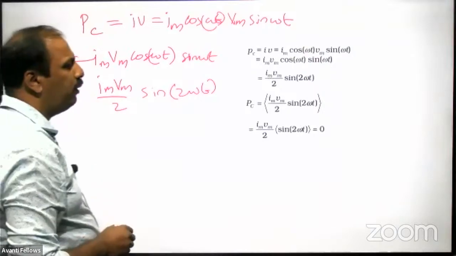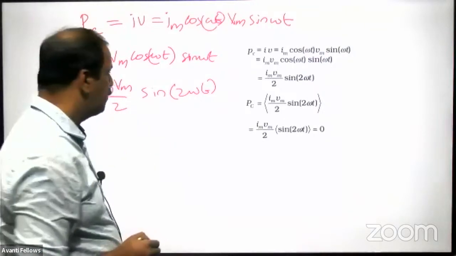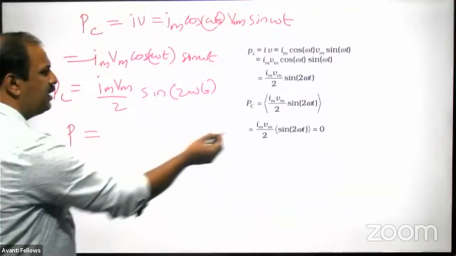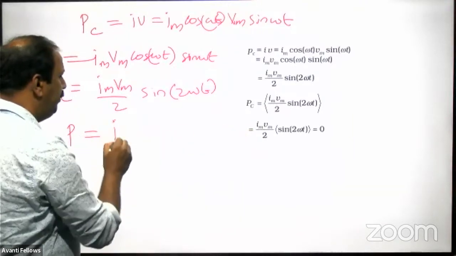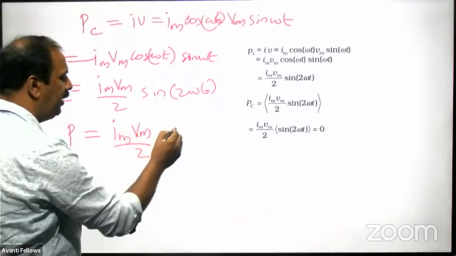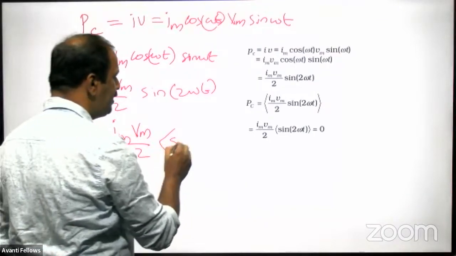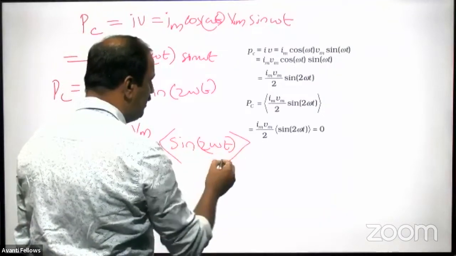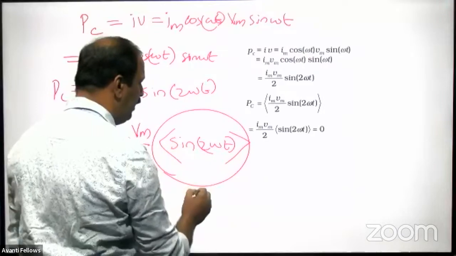Now we have to go for the average power. When you take the average power, you can see that Im and Vm are constant, 2 is also constant, so you can take them outside, and the varying thing is sin 2 omega t, and its average will be 0.